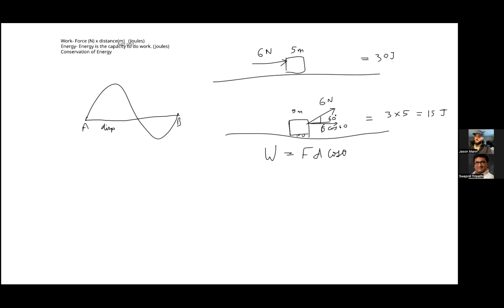It's just scalar, but it can certainly be positive and negative. As you must be familiar with, cosine theta, the value can go from +1 to -1. So depending on the angle, if cosine of that angle comes out to be negative, then the work will be negative. If the cosine turns out to be 0, then the work will be 0. For example, cosine of 90 is 0.